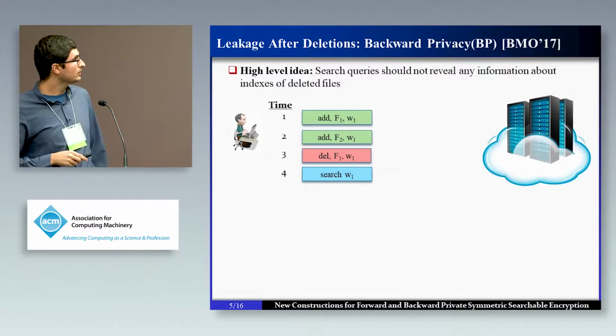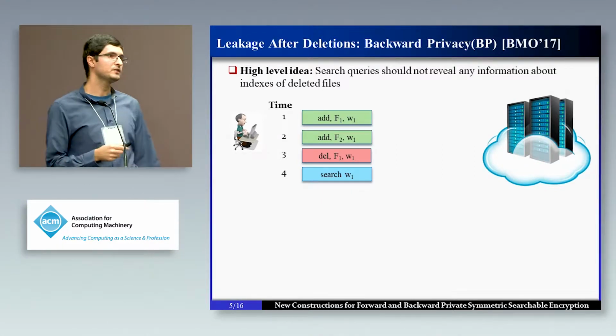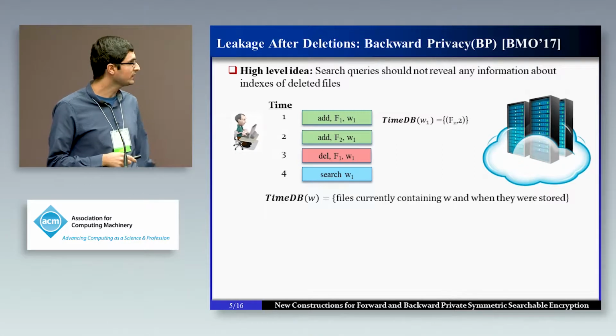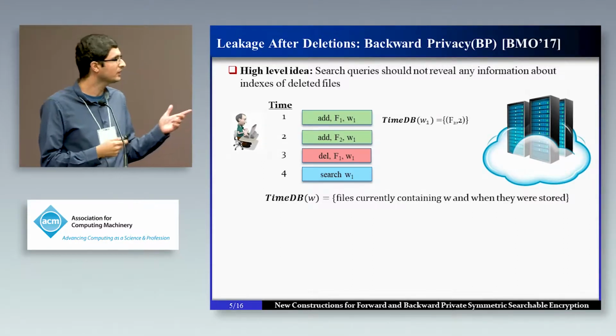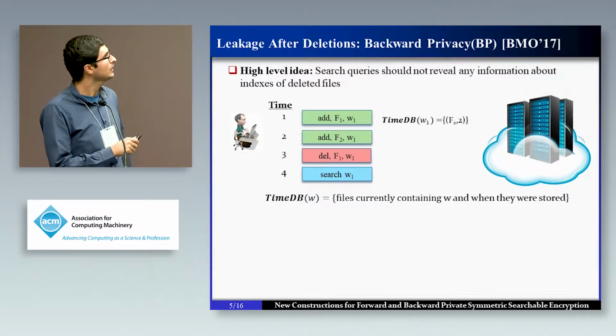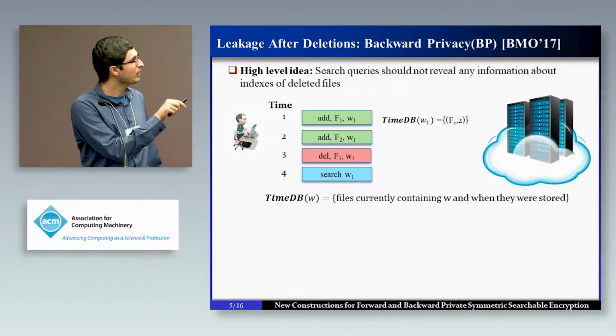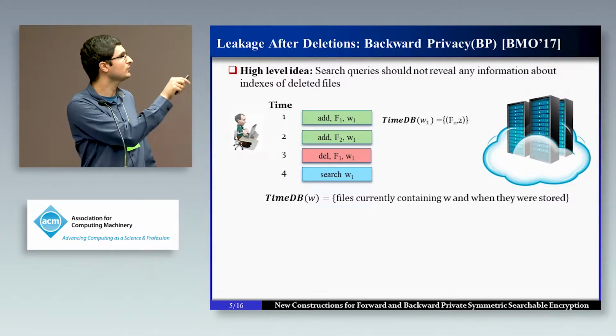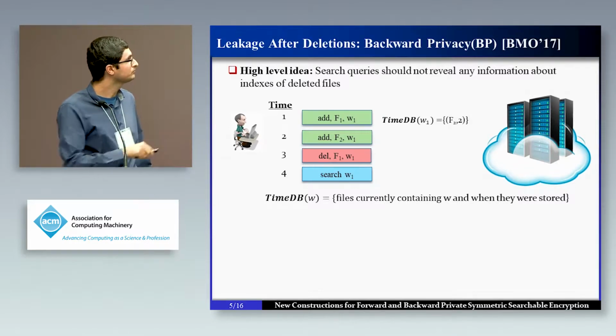Regarding the search operation, three leakage functions were defined. The first one is TimeDB, which reveals files currently containing keyword W and when they were stored. In our example, the TimeDB of keyword W1 is F2 and 2 because file F2 is stored at time 2.